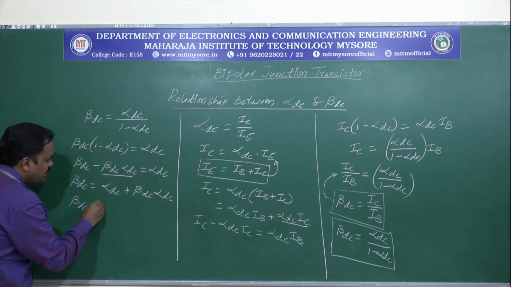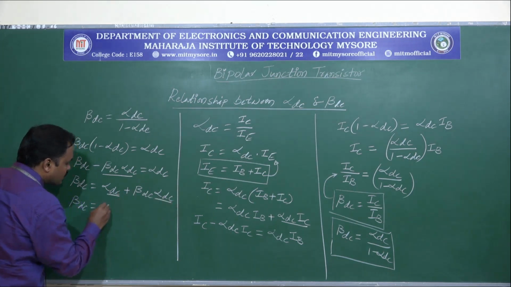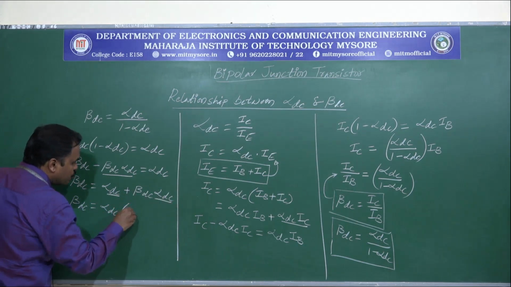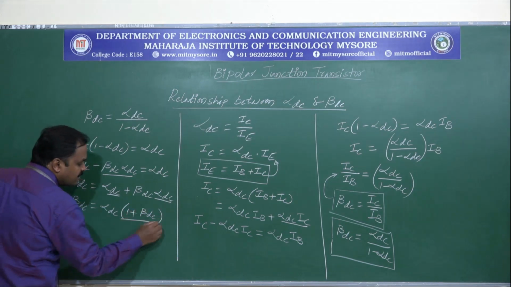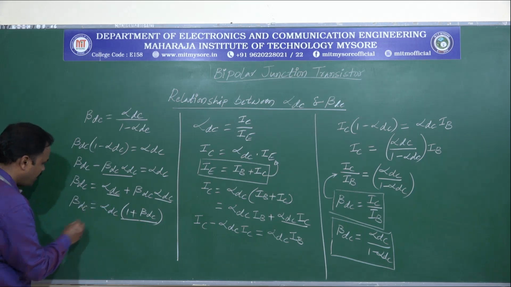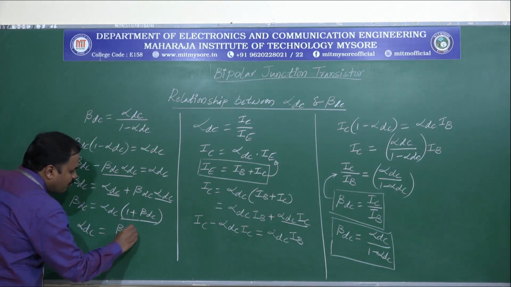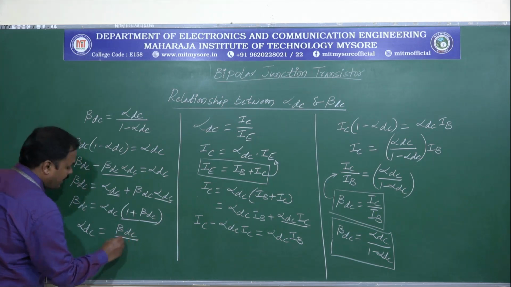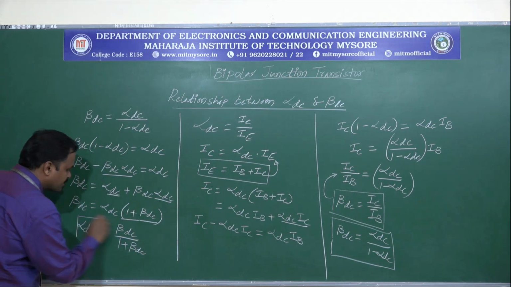So beta DC is equal to, taking alpha DC as common, alpha DC into (1 plus beta DC). Let us transfer this to this end. So alpha DC can be written as beta DC divided by 1 plus beta DC.